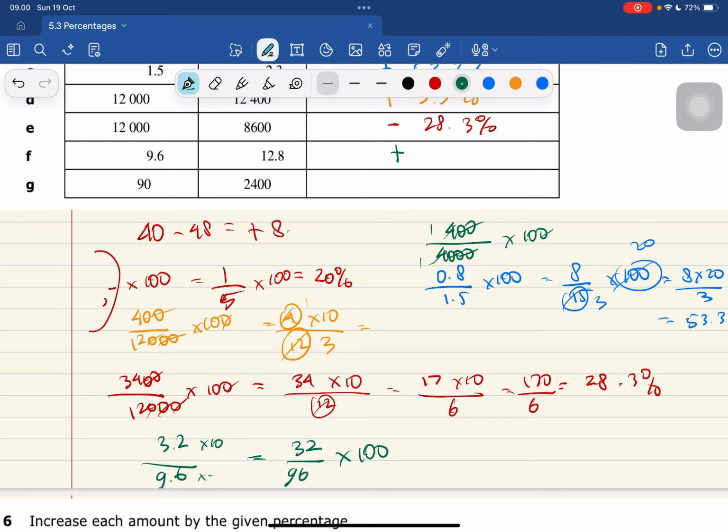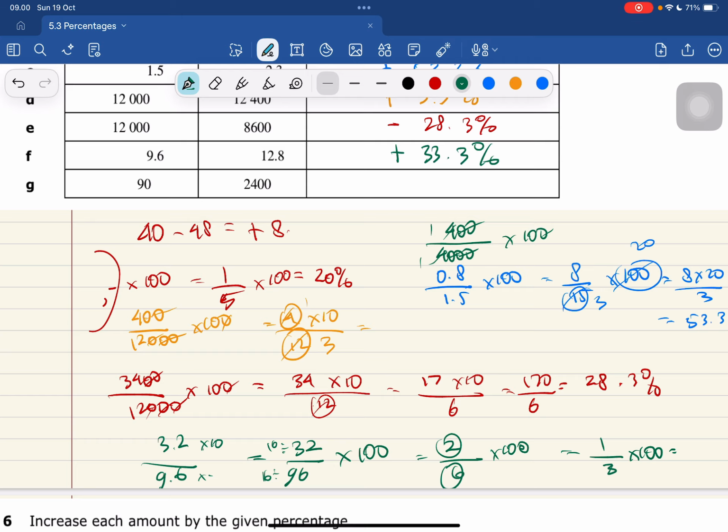Okay, let's divide by 16, both of them. So it's going to be 2 over 6 times 100. Okay, we can still simplify it by 2. So it's 1 over 3 times 100. So this for F is 33.3%.